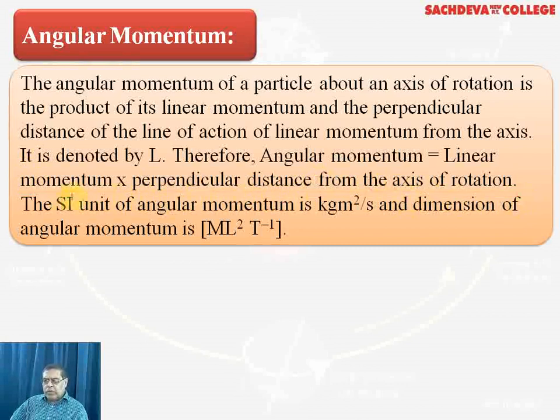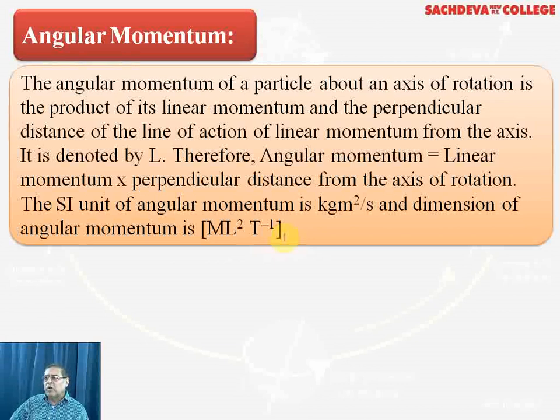If we want to write the SI unit, we compute the unit of momentum and the unit of perpendicular distance, so the dimensional equation becomes ML^2T^-1. Planck's constant has the unit joule second. Angular momentum is also joule seconds, that is work into time. So angular momentum and Planck's constant have the same units and the same dimensional equation.